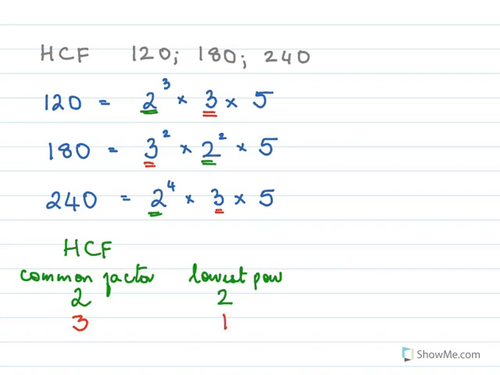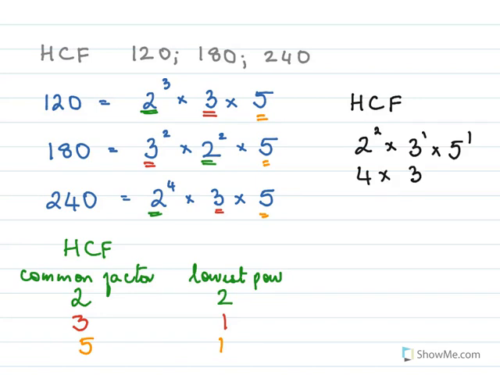And then we have the 5, 5 and 5, lowest power 1. So HCF will be 2 raised to 2, 3 raised to 1, 5 raised to 1. That is 4 into 3 into 5, which is 60.